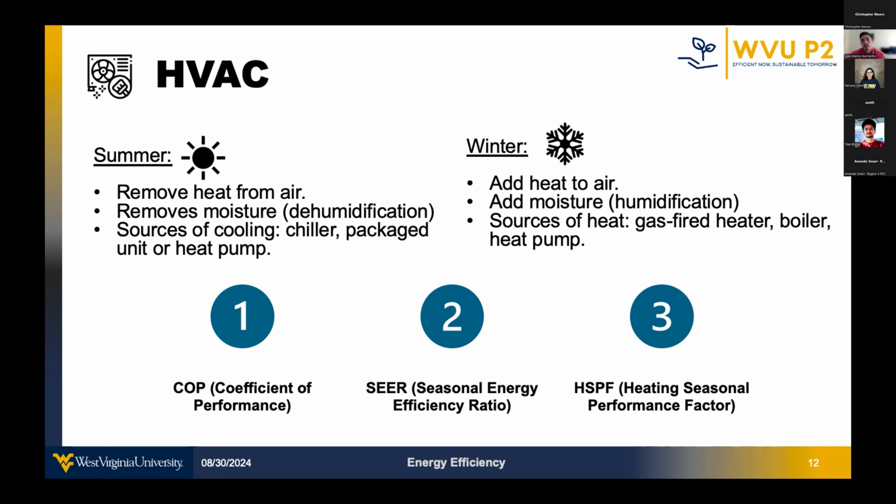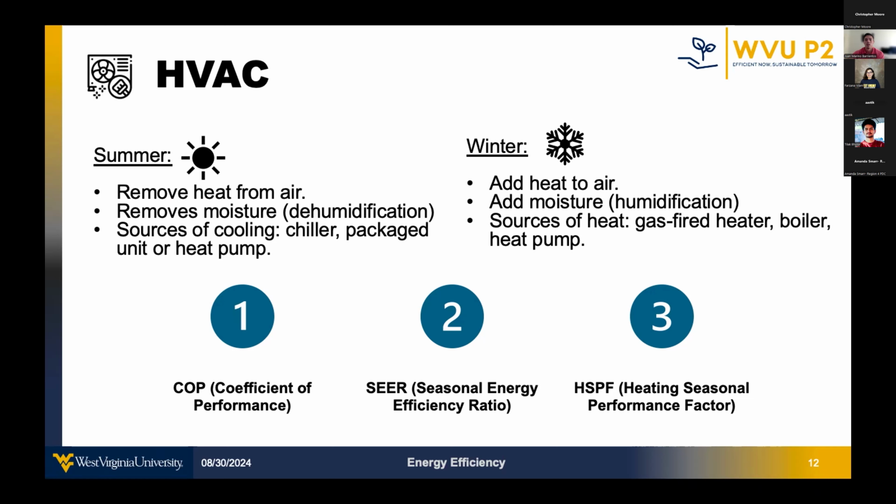It's the ratio of useful heating or cooling provided to the electrical energy consumed. So a higher COP indicates that the system is more efficient, meaning it provides more heating or cooling per unit of energy used. For example, a COP of 2 means that for each 1 kilowatt of electric power consumed, 2 kilowatts of cooling effect can be delivered.